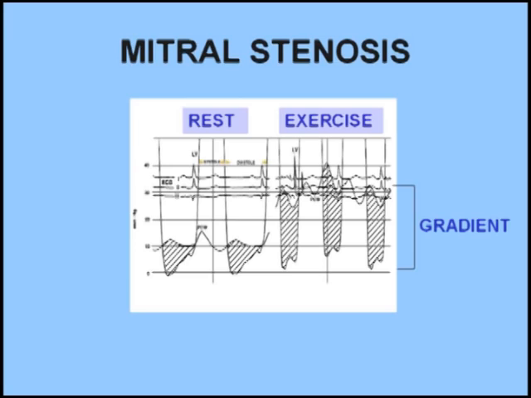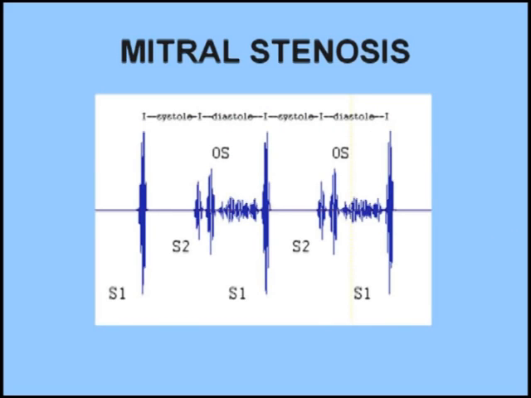With exercise, the gradient across the stenotic mitral valve becomes larger. When a patient's heart rate is above 90 beats per minute, the diastolic murmur of mitral stenosis can be confused with a systolic murmur because systole and diastole are nearly equal in duration.